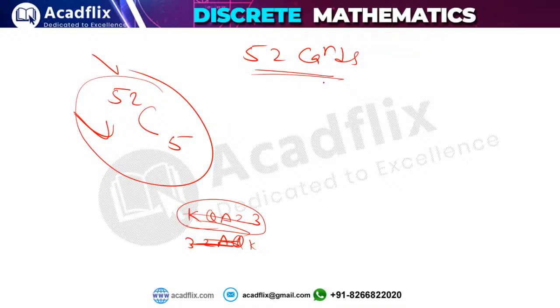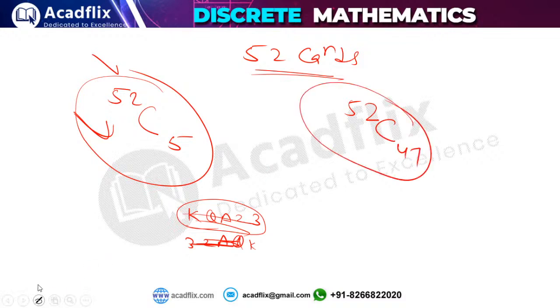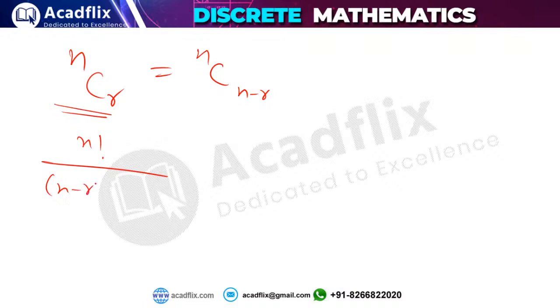Now if I ask you how many ways are there to select 47 cards, what will be the answer? The answer will be 52C47. Now an important property is coming, so focus here. nCr is equal to nC(n minus r). We can prove it very easily. nCr is nothing but n factorial divided by (n minus r) factorial times r factorial.